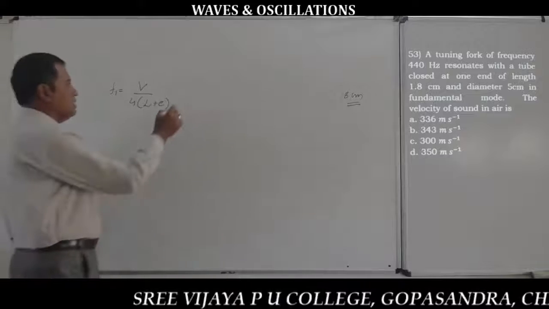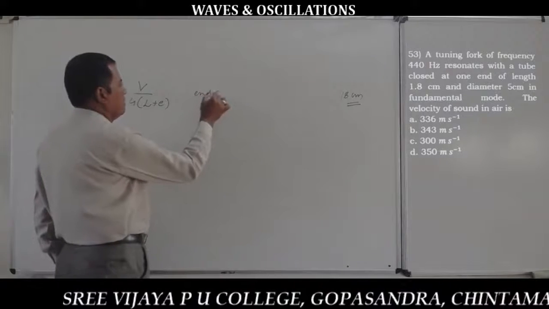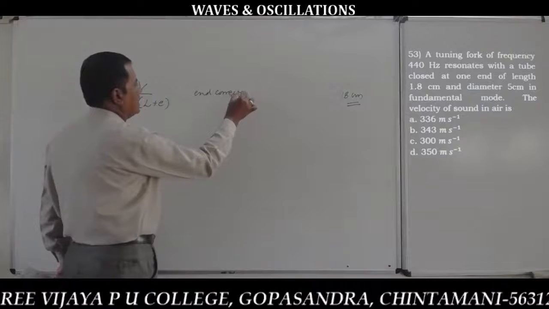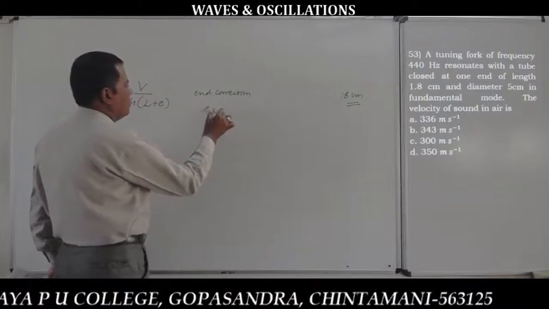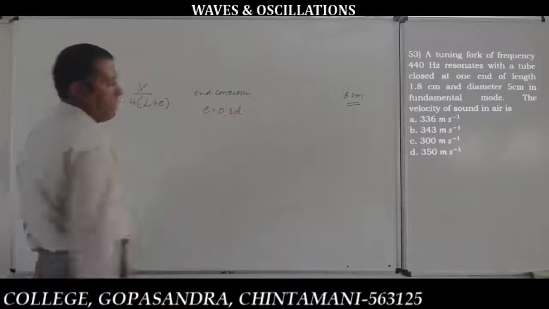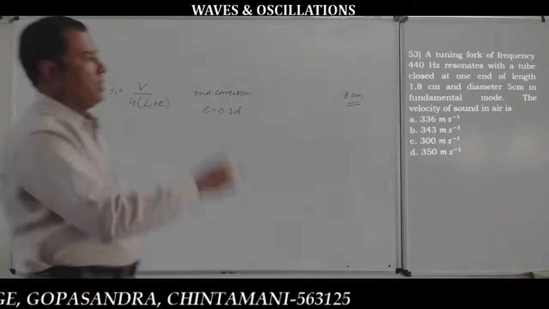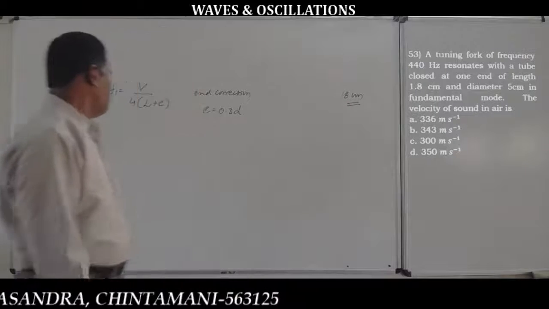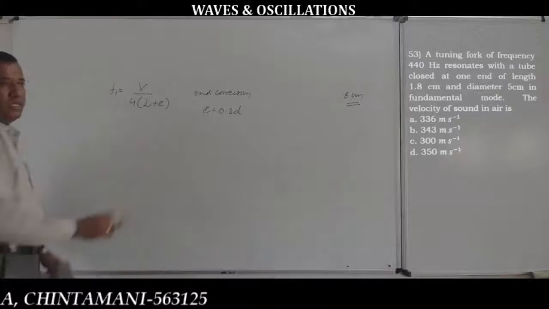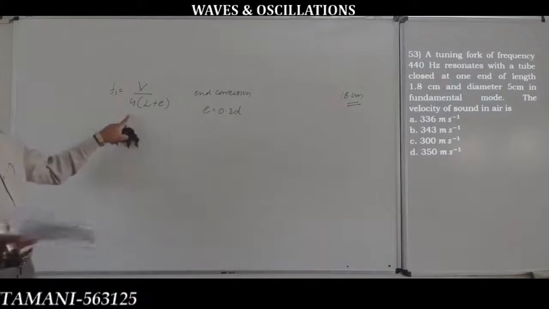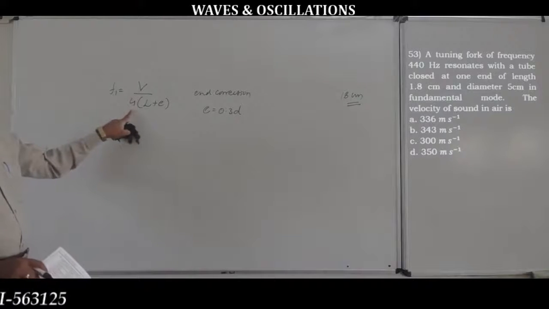This is after applying end correction, and E is equal to 0.3 times the diameter. Since in the present problem they have given the diameter 5 centimeter, we should apply the end correction.